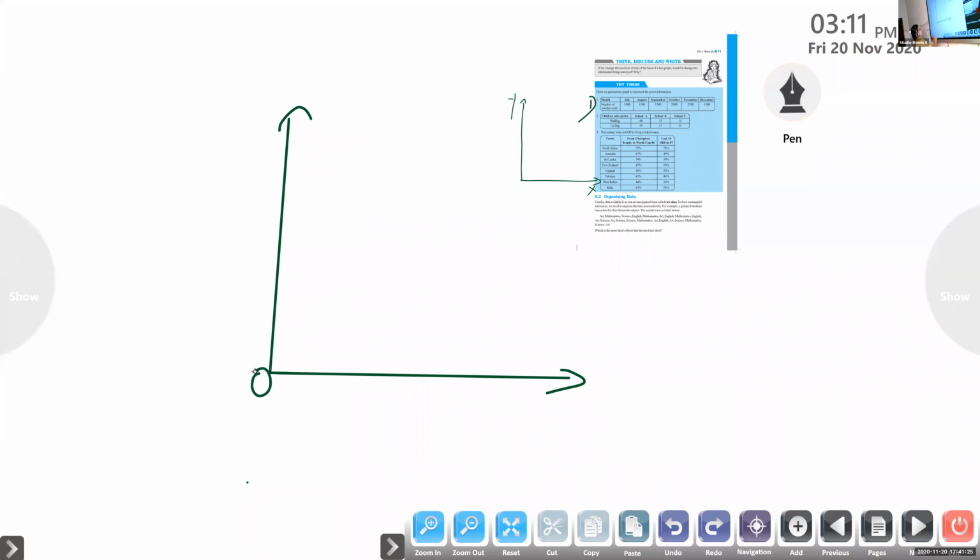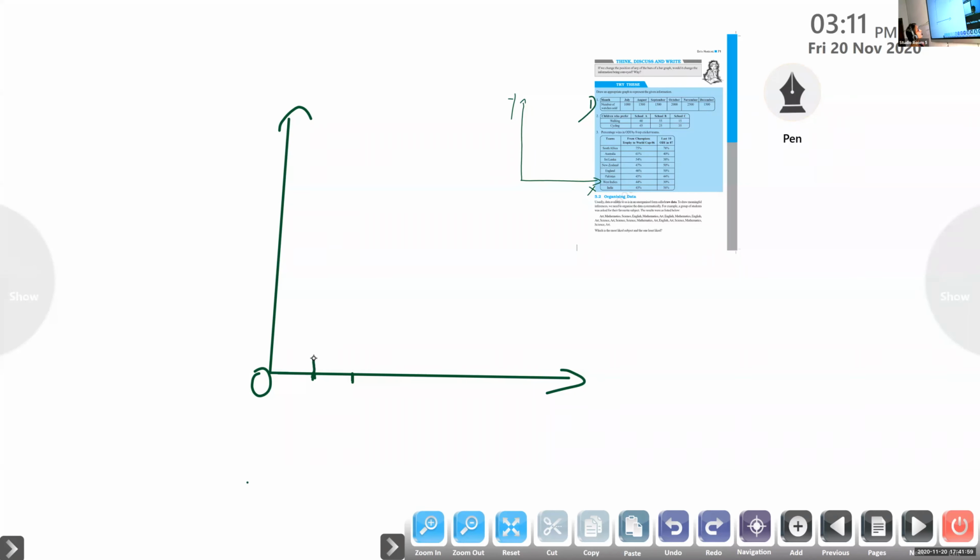Zero, x-axis and y-axis. Then for the first month, it is 1000. So we can take first month is July, and the number of watches sold out is 1000, 1500, 1500, 2000, 2500, and 1500.